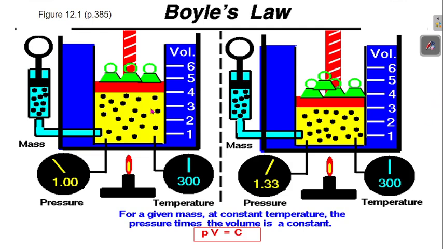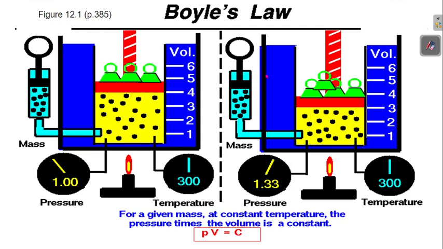So we have a gas inside a container. The temperature is kept constant, means it doesn't change. And what he said, he was doing experiments with gases, and what he said was that when the pressure increases, see, the pressure here is pushing down by putting weight on the container top.